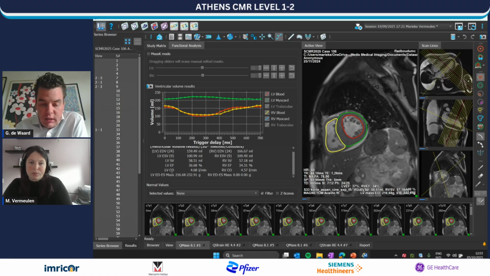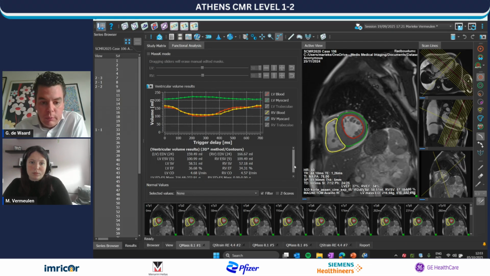Obviously, the amyloidosis is not restricted to the left ventricle, so even the right ventricle will show right ventricular hypertrophy as well.